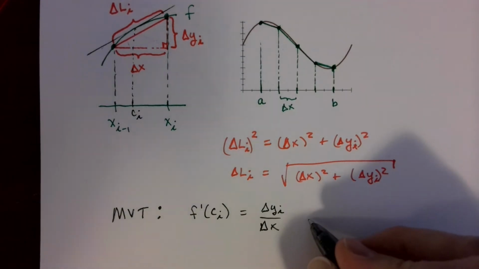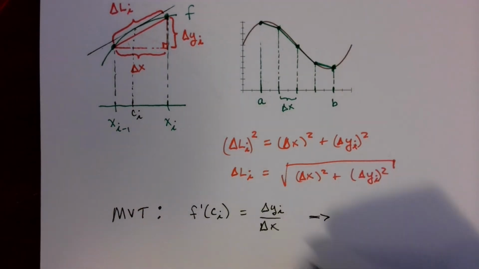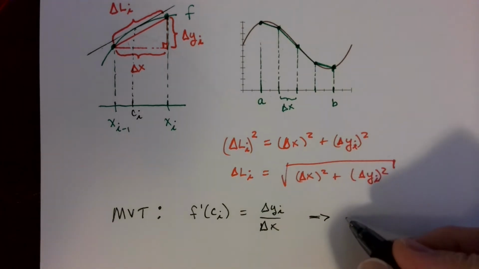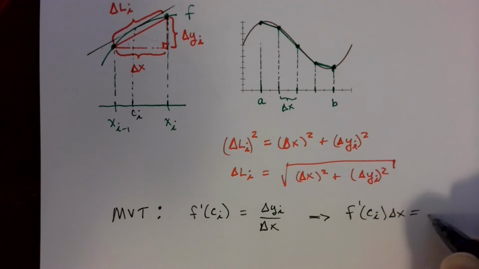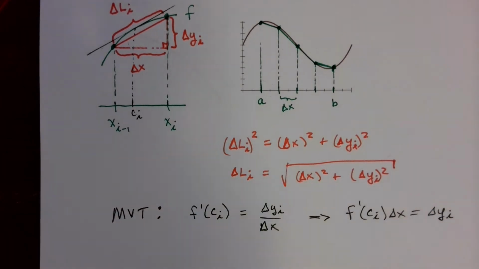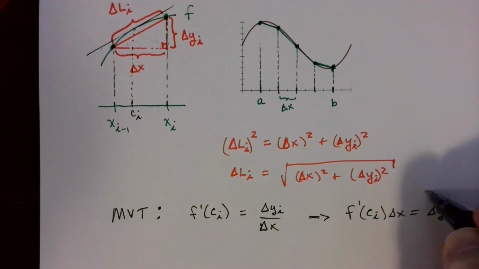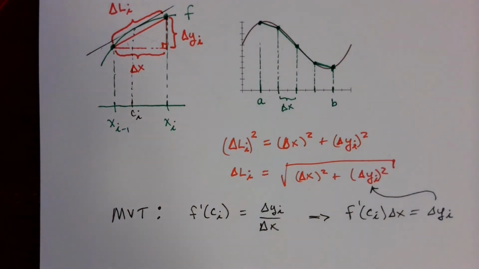Okay, so from this, I'm going to solve for delta y sub i by multiplying both sides by delta x. And now I'm going to substitute that in here for delta y sub i.